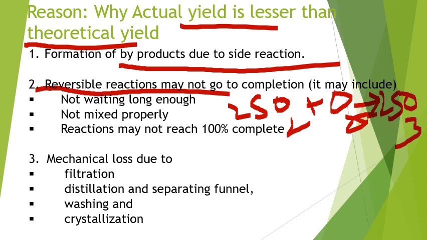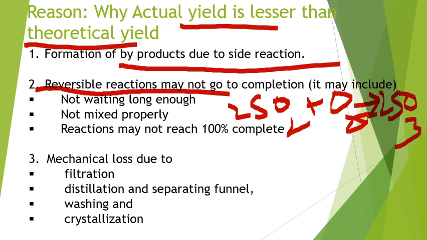Washing and crystallization, all these processes. Mechanical loss means mishandling of apparatus, where some of the quantity is left inside the apparatus used for different processes. So these are the three main points responsible for the lesser actual yield than the theoretical yield.